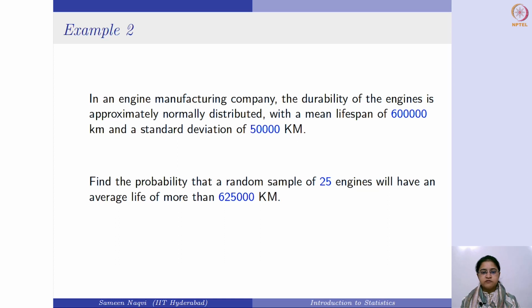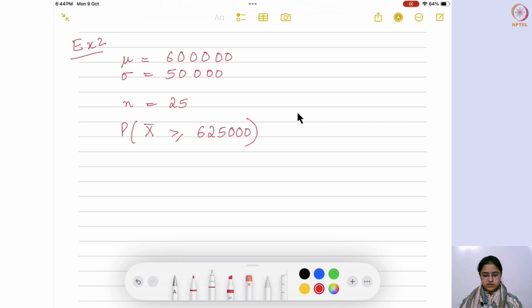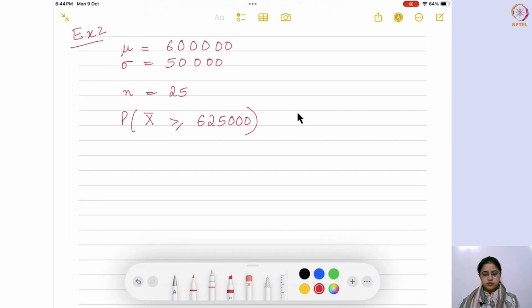And find the probability that a random sample of 25 engines, so the sample size over here is 25, and we have to find the probability that the sample mean, since we are talking about average life, is greater than or equal to 625,000. So mu is given to us, sigma is given, n is 25, and we have to find this probability.